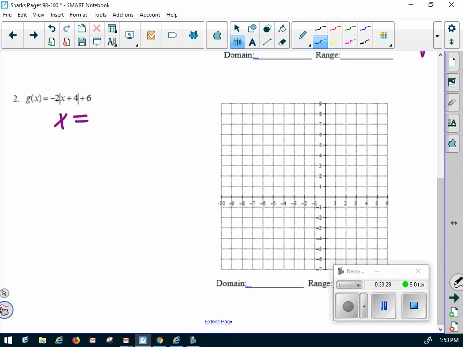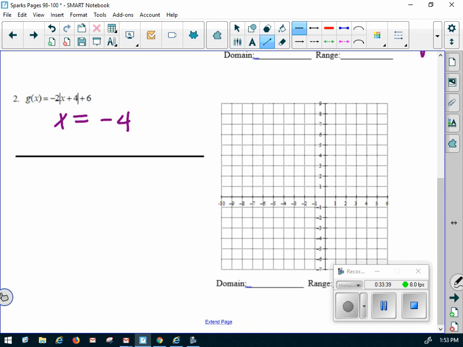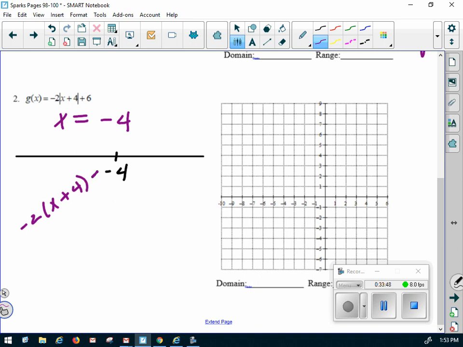What's your significant number here? Negative 4. Now look, just get this far with me.